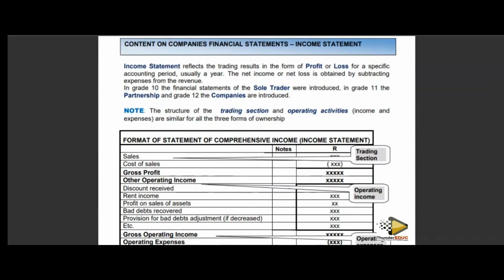Those of you who did an income statement in grade 11 for a partnership business: it's the same income statement, but we add in a few items which pertain to the company and which don't pertain to the partnership business or sole trade business. But the principles we follow are the same.